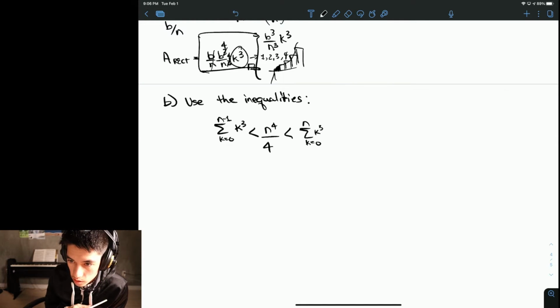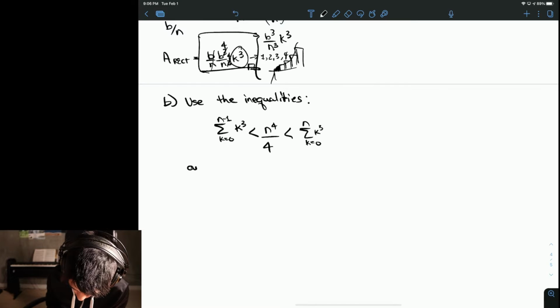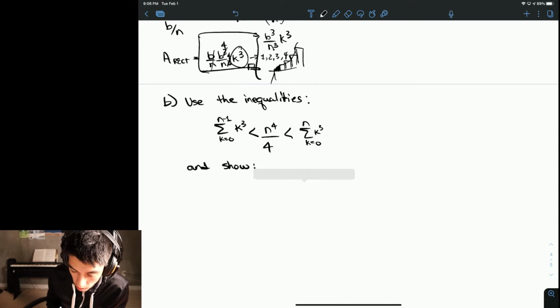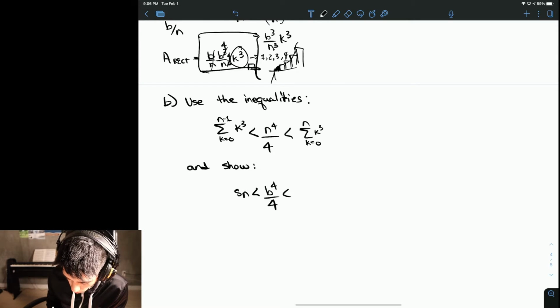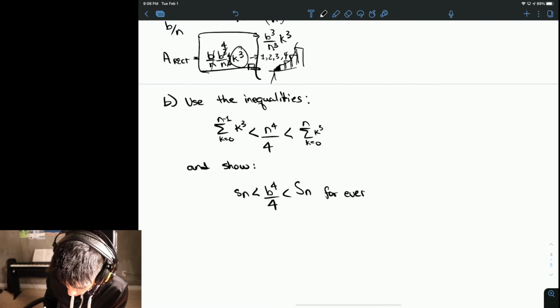And so we want to use this one and show that s of n is smaller than b to the 4 over 4, which is smaller than S of n bar, for every n.